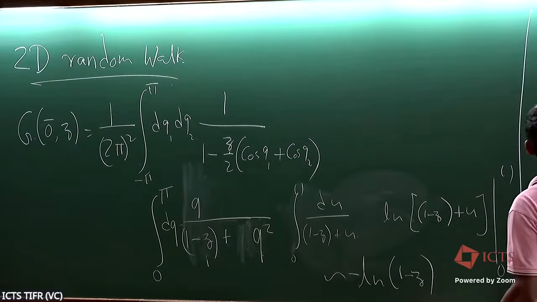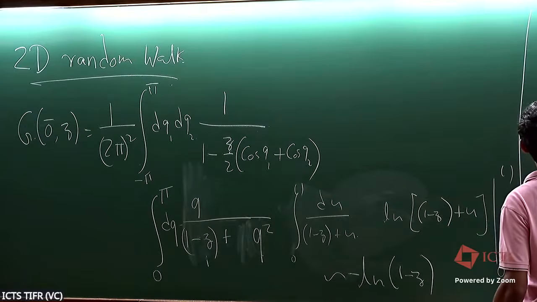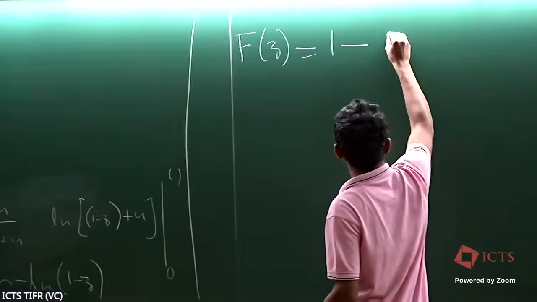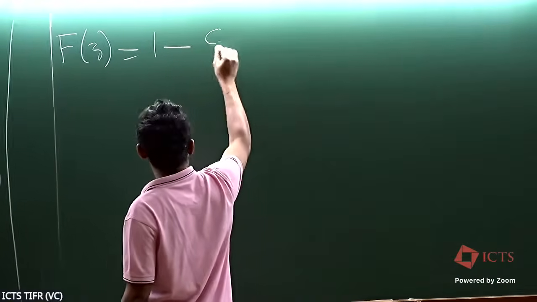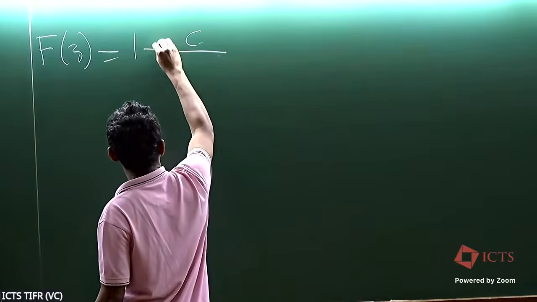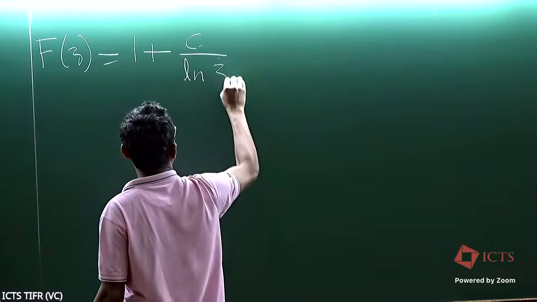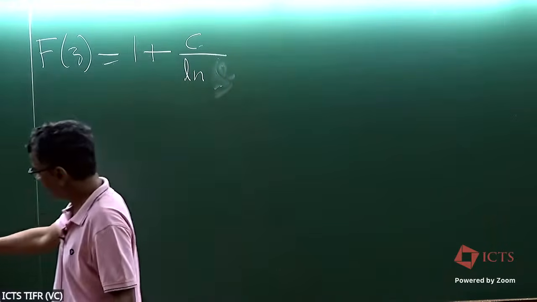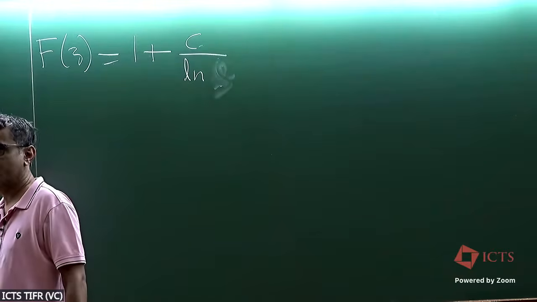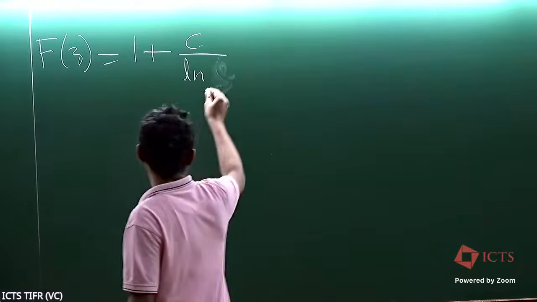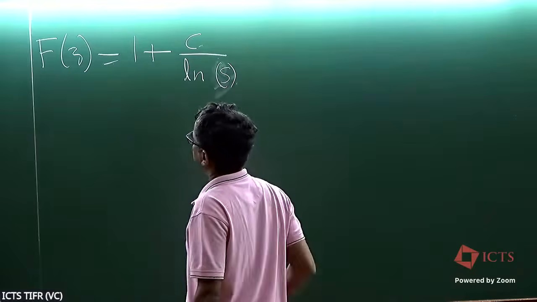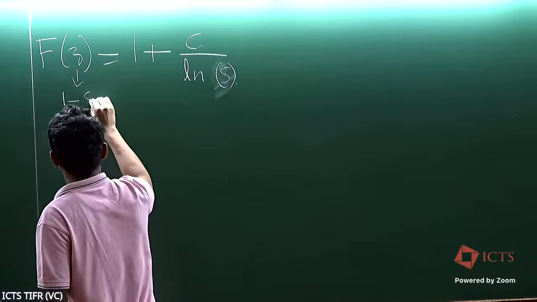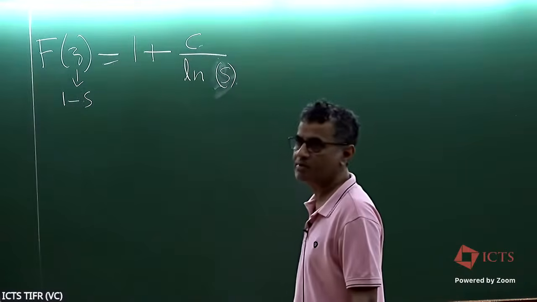So now f of z is 1 minus 1 by g, so it will be some constant by, since minus becomes plus, log of 1 minus z. Then we set z equal to e to the power minus s, and for small s this is just log of s. So for small s, replace z by 1 minus s.